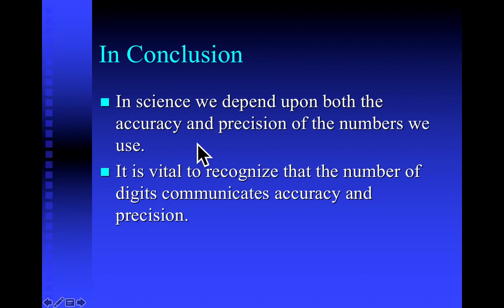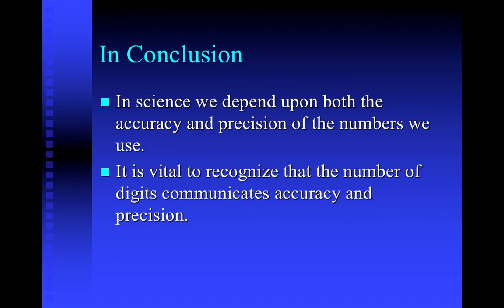So in science, we have to depend on both accuracy and precision. And we have to recognize that the number of digits that we publish communicates information about accuracy and precision. One other word about precision is related to situations in experiments whenever we have multiple trials.